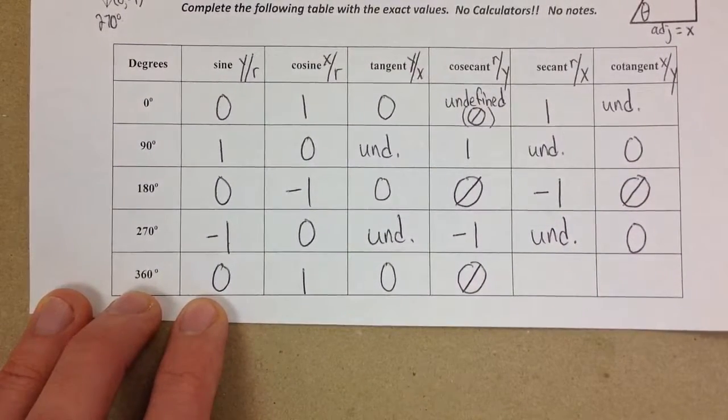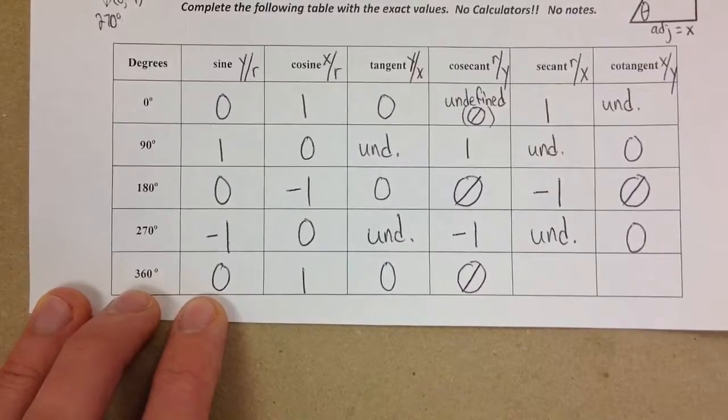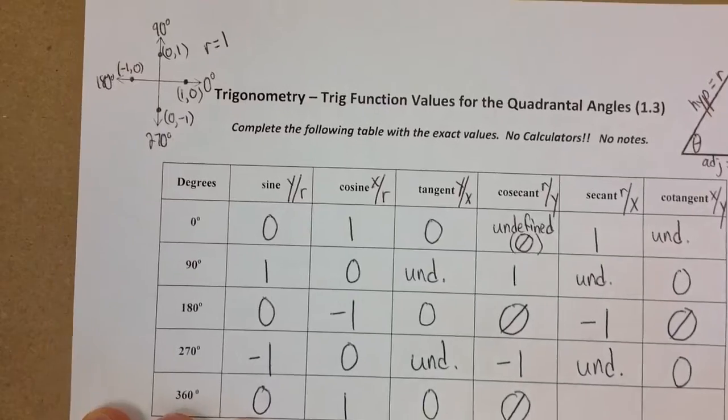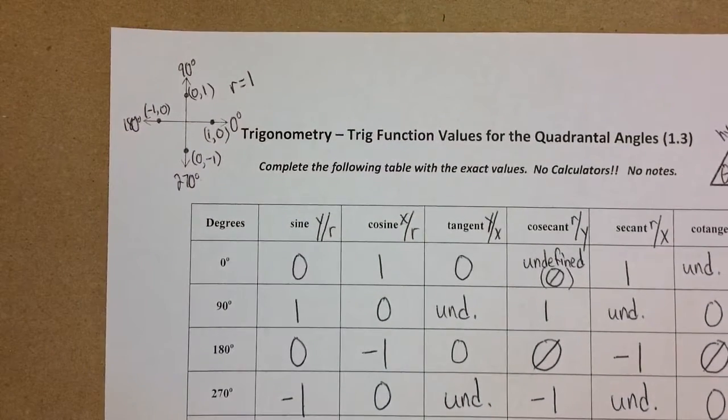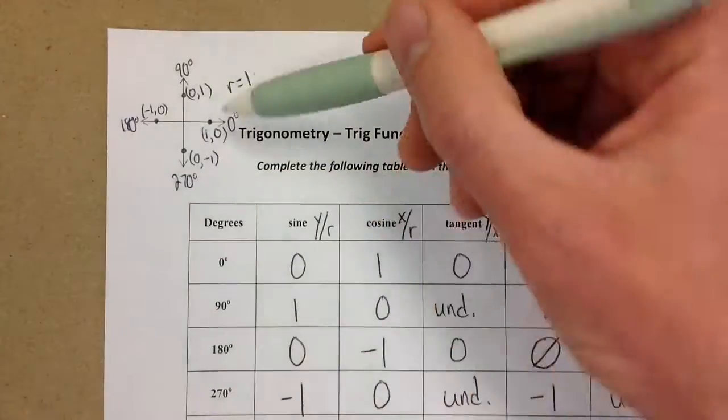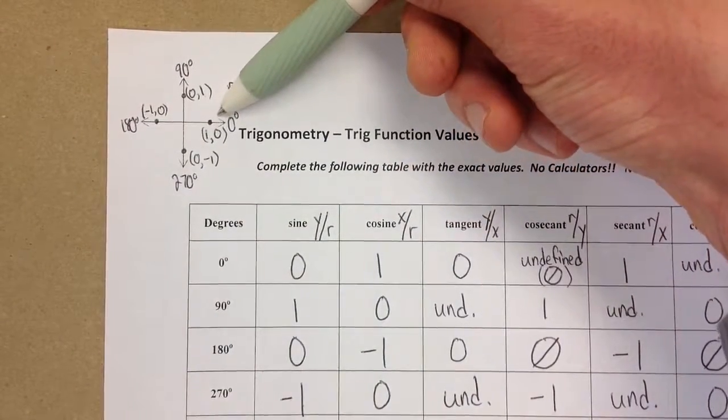And Allie, do you want to try secant 360? Is the answer 1?